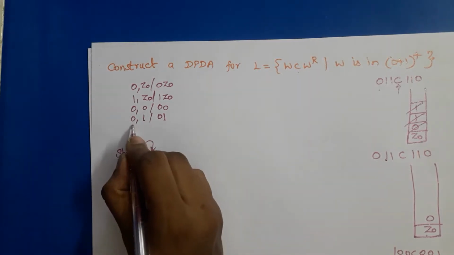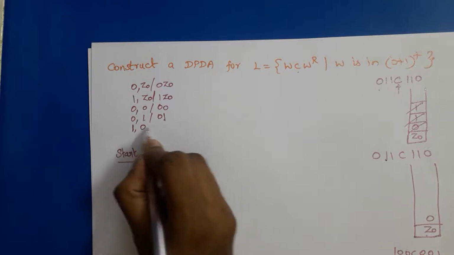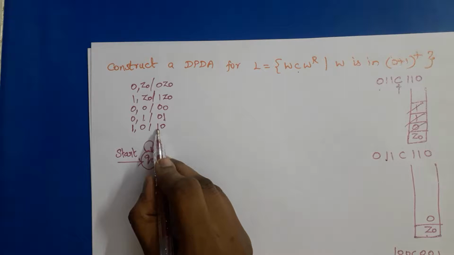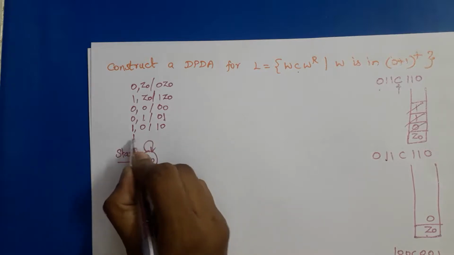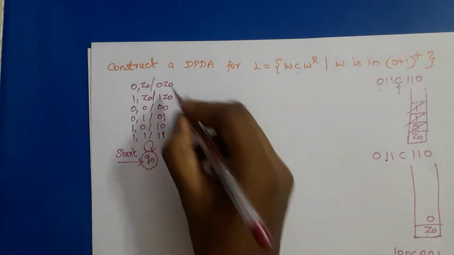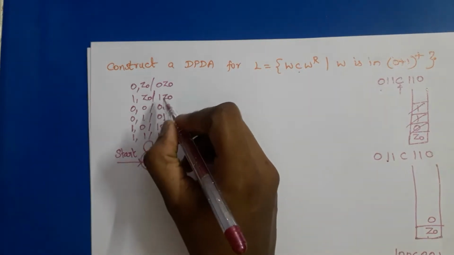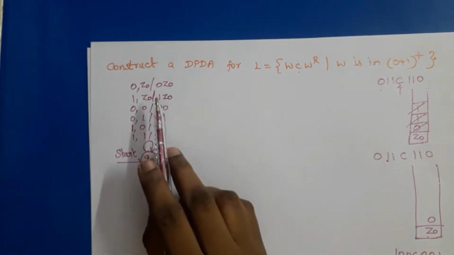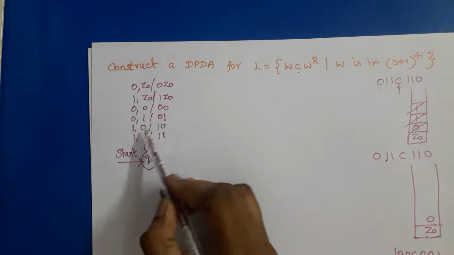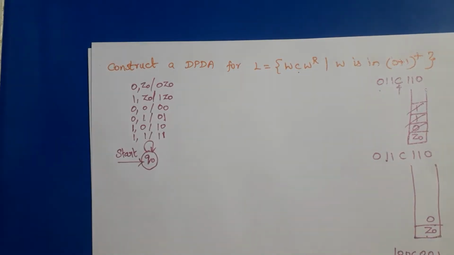Current input 1, top of the stack 0, we need to push 1. Then current input is 1, top of the stack is also 1. So these transitions are used for pushing one symbol onto the stack, and they are the recursive repeated steps for pushing the remaining symbols onto the stack.